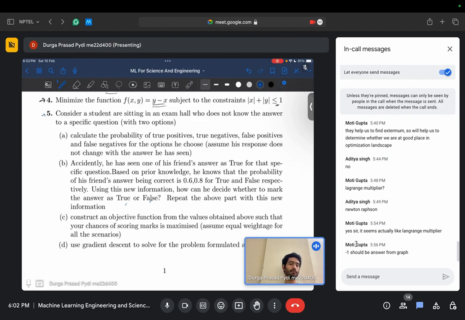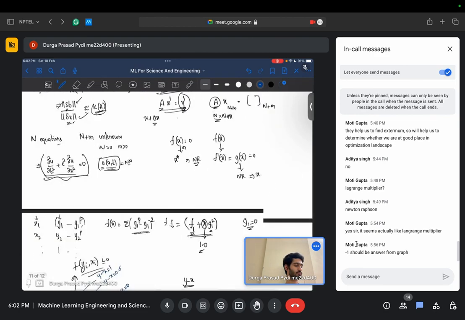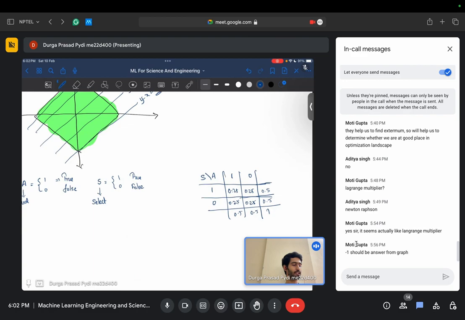Previously, when he had not seen his friend's answer, everything was equally probable. Now that he has seen that his friend has marked true for that particular question, how will these probabilities change? Initially everything is 0.25, so how will these change? First I should ask whether this will change at all or not, which the student has to take into account. But suppose it will change, so how will these values be now?